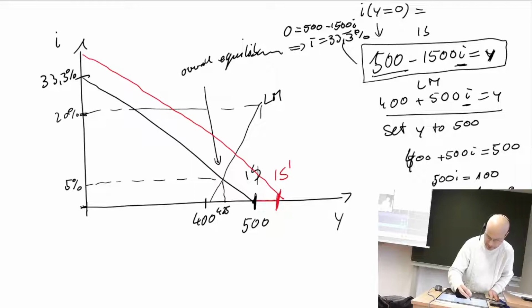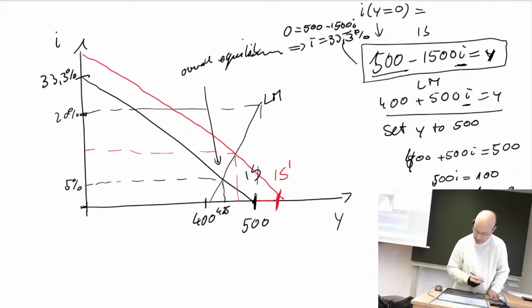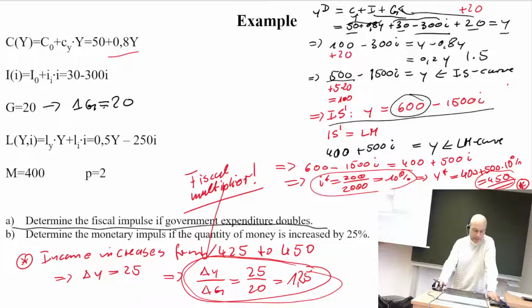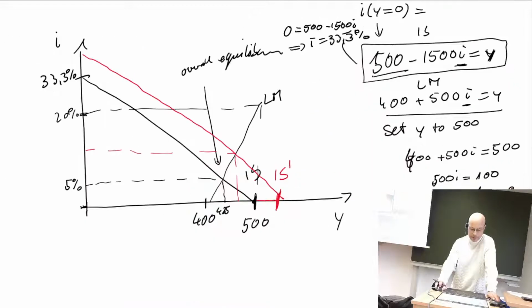And here we have then the expansion. I think this was then afterwards 450 and 10%. Yes, here we have the 450 and the 10% now equilibrium interest rate.